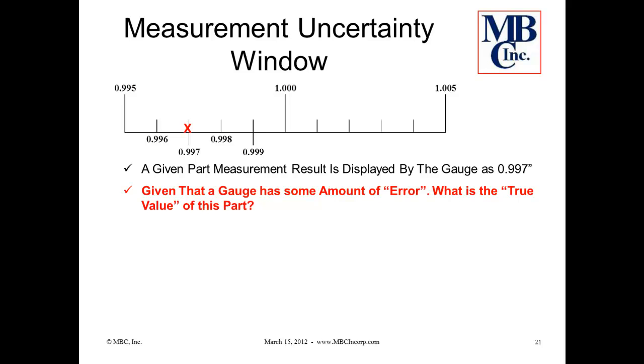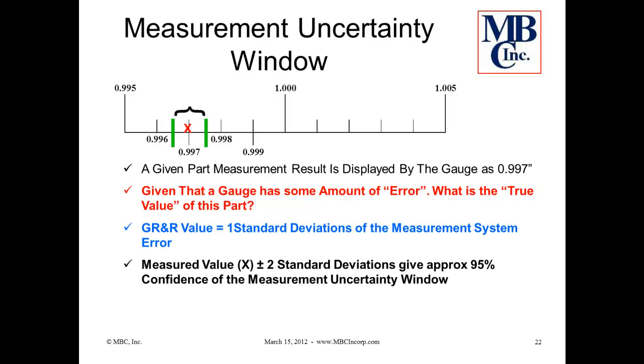A given part measurement results in display by the gauge as 0.997. The only assumption that can be made by the analyst is that the part is exactly 0.997. But given that the gauge has some amount of error, what is the true value of this part? The gauge R&R value equals one standard deviation of this measurement error.